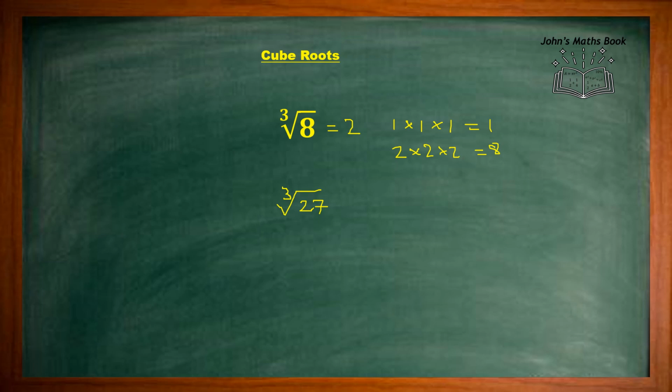If we look at the 3's, if we multiply 3 together 3 times, we get 3 times 3 times 3, which does in fact give us 27. So the cube root of 27 is 3.